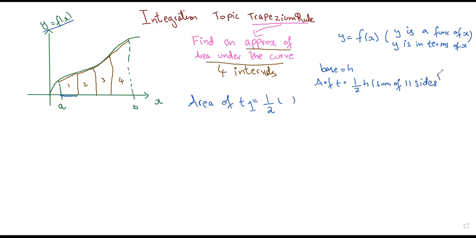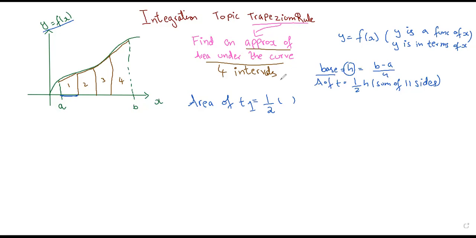This is the formula of a trapezium in general, and this is what we have. So I will write down 1 by 2. Base is, we don't know the base. We know that h can be calculated by (b minus a) divided by 4. This h or the base would be the same for every trapezium whenever you are applying the trapezium rule.